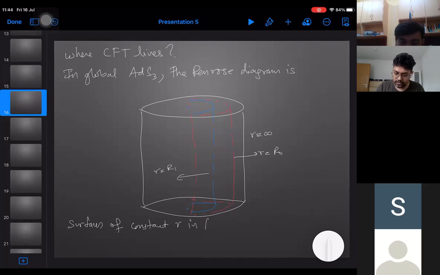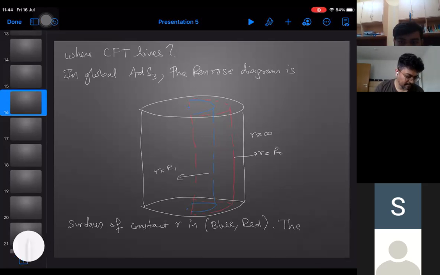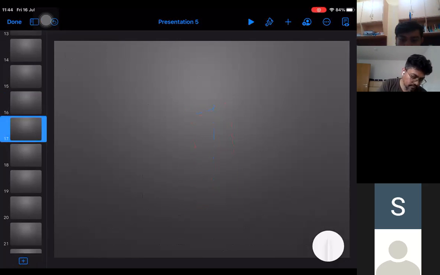As you can see, this is in blue and red. So when we take the flat space limit, the same surfaces are depicted by lines of the same color in the corresponding Penrose diagram in Minkowski space. I will draw it in a moment.